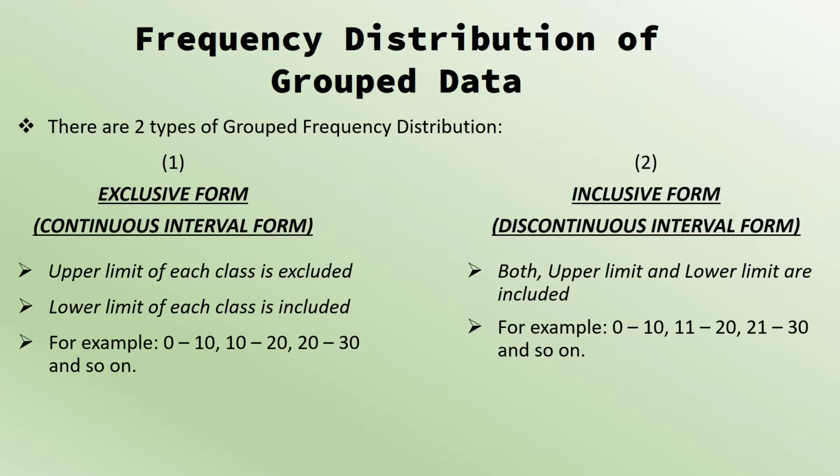Like the first class interval is 0 to 10 ending at 10 and the second class interval begins from the number 10 itself. On the contrary, if you see the inclusive form, in the example the first class interval is 0 to 10 and the next class interval starts from the number after 10, that is 11 to 20. So this is the basic difference between two types of group frequency distribution, and so are their names.